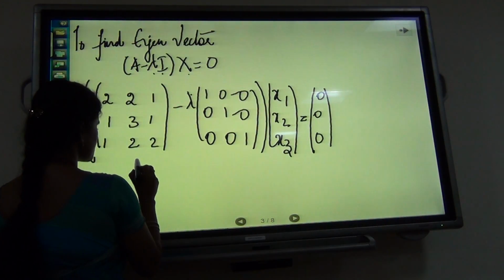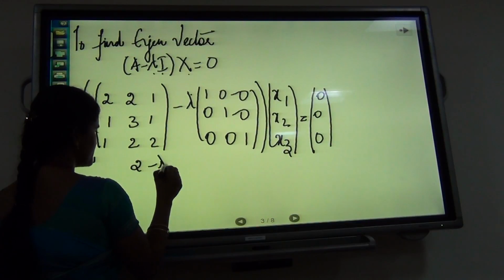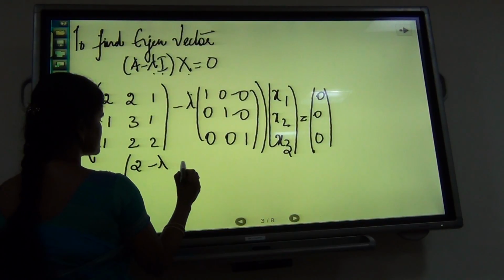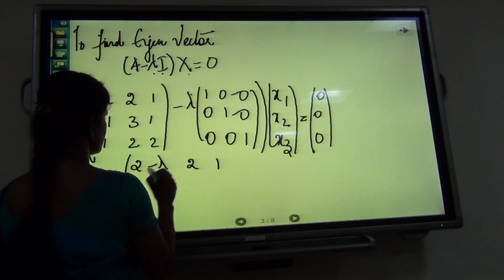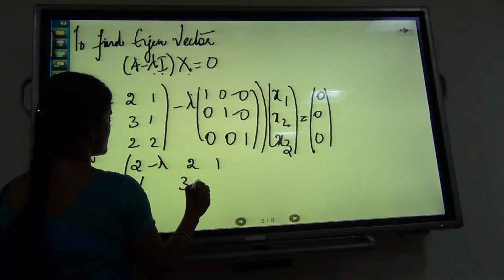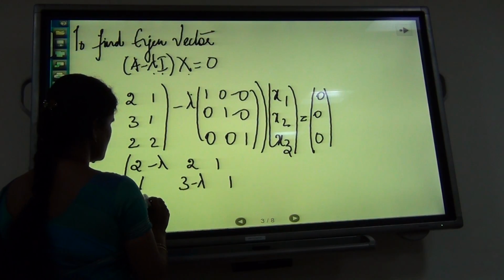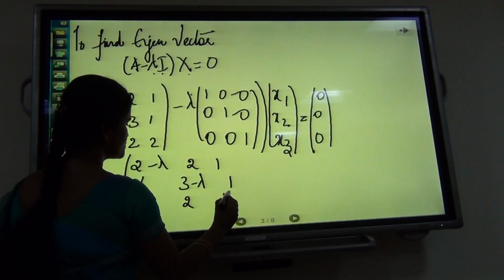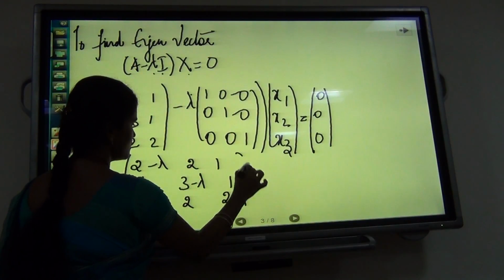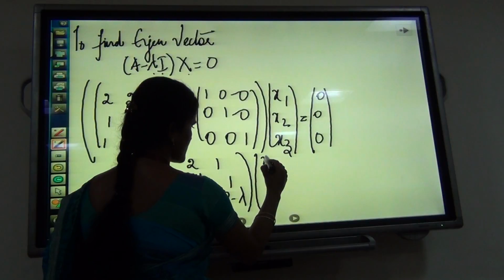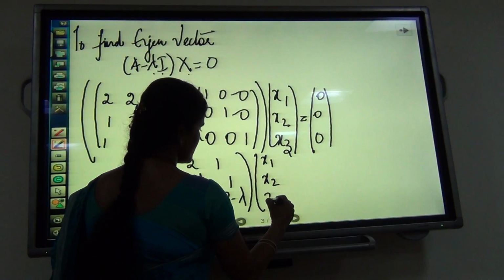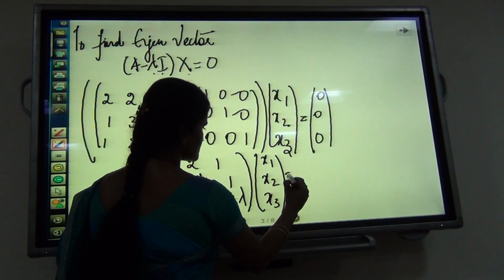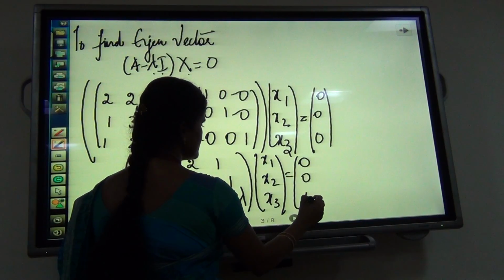Now further, this is 2 minus lambda. When you subtract this, you will get the matrix 2 minus lambda, 2, 1; 1, 3 minus lambda, 1; 1, 2, 2 minus lambda, of x1, x2, x3 equal to 0, 0, 0.